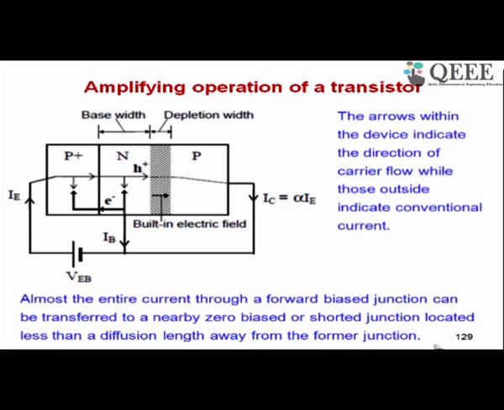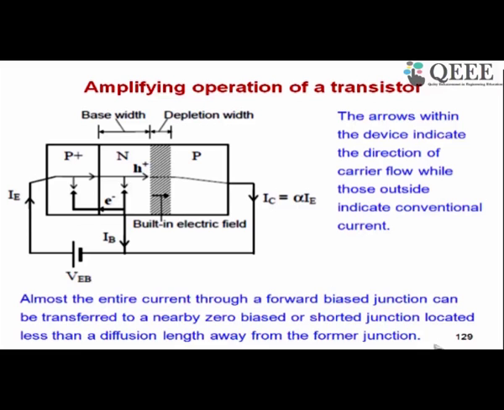Now to give you some feel for what kind of diffusion lengths there can be and what the base width should be: the base width is generally less than 1 micrometer. Diffusion length may be of the order of 15 to even 30 or 40 micrometers. So the base width is of the order of 1 micrometer or less. How much is 1 micrometer?